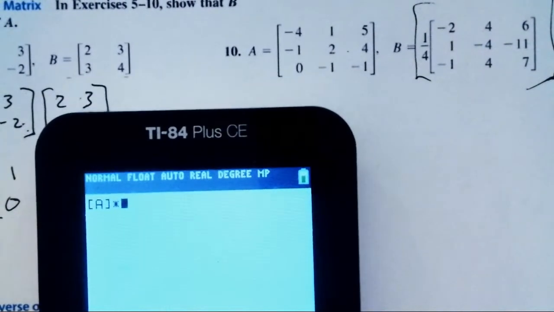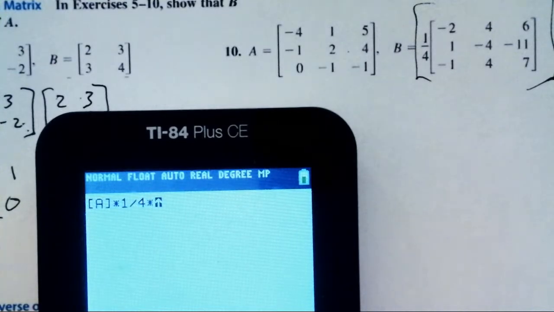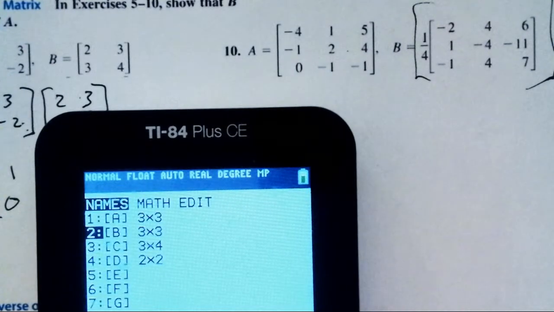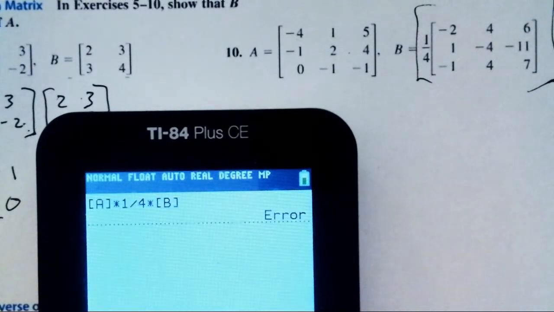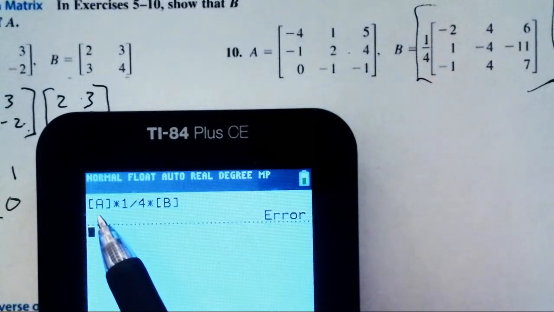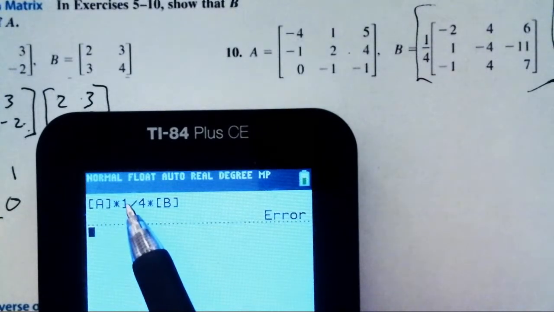We're going to get an error here, and I'm going to explain why. If I go 1/4 times matrix B, I believe this is going to give me an error. Yes. And the reason for that is the calculator is taking matrix A times 1, and it has no difficulty with that.